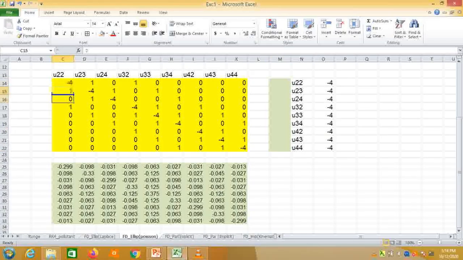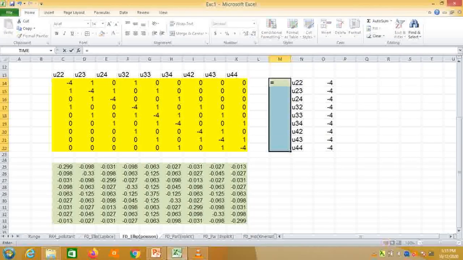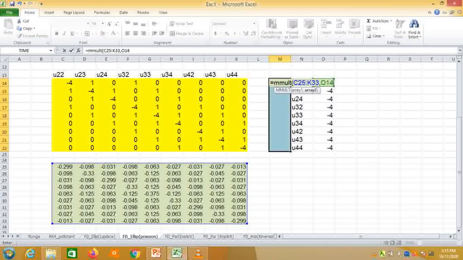So this is 9 by 9. 9 by 9 times 9 by 1 is 9 by 1. So we use MMULT, with the inverse, comma, then the vector of the right-hand side, basically.